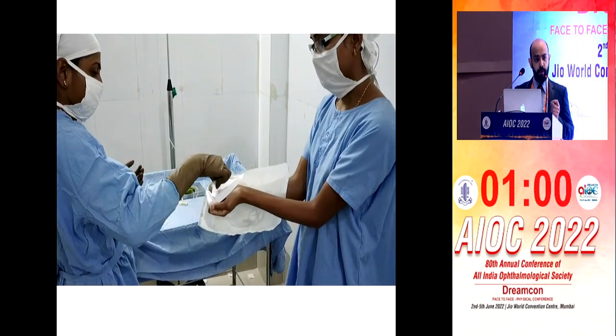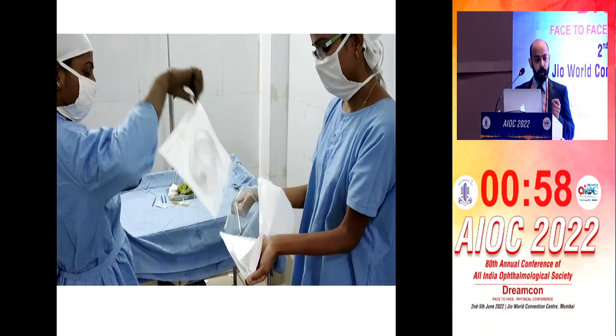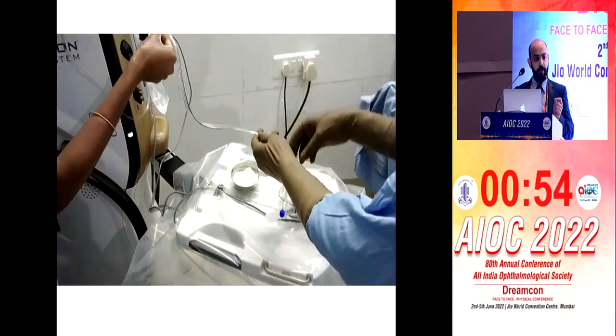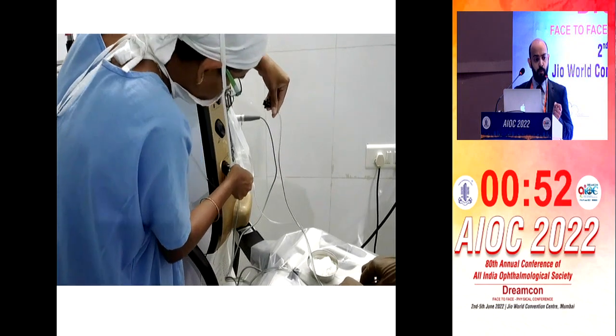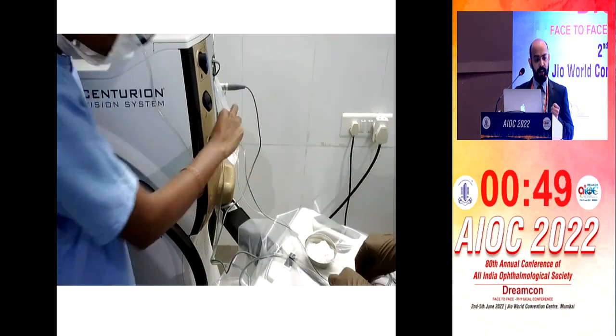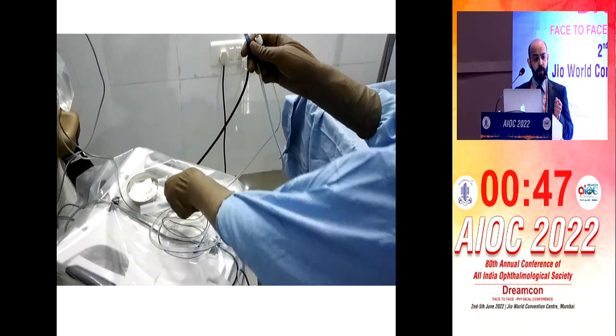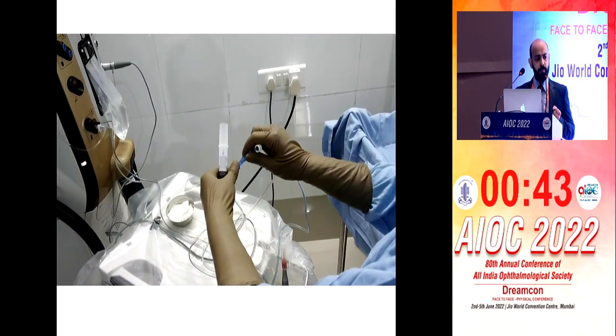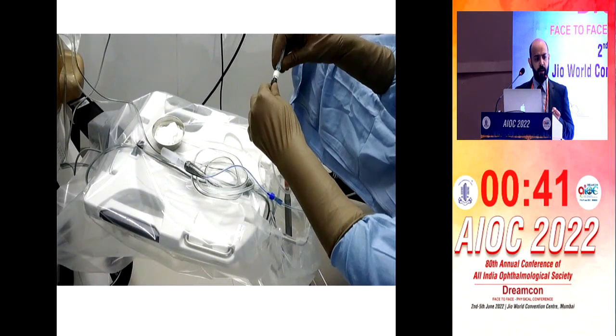Here I'll be talking about preparation of the vitrector. A vitrector comes with every phaco machine. Initial few steps are the same. You have to put it into the machine in the way they have mentioned. Use aspiration and irrigation, and the rest of the steps are very similar.